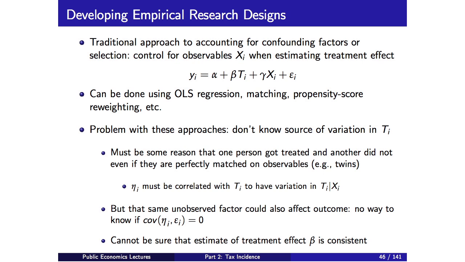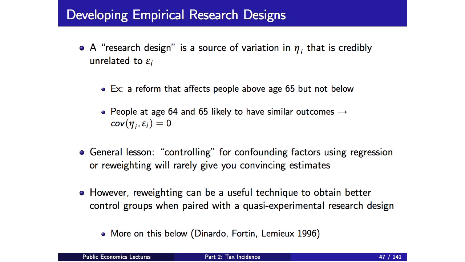So this is why I think the approach of saying I'm going to control for a bunch of factors is never going to be totally convincing, because you need to know what the source of variation that's driving your treatment effect actually is, right? Okay, and so then that's where a research design comes in. You often hear in the labor PF lunch, what is your research design, or be clear about your research design.